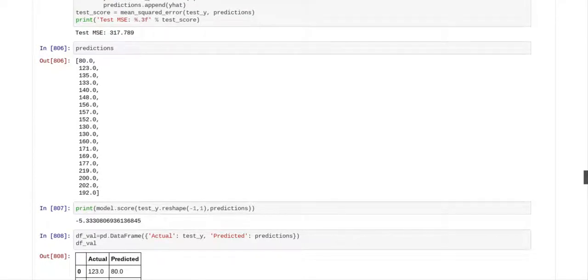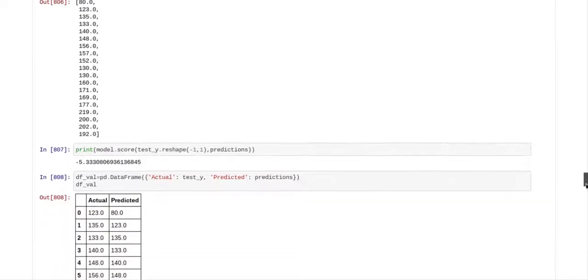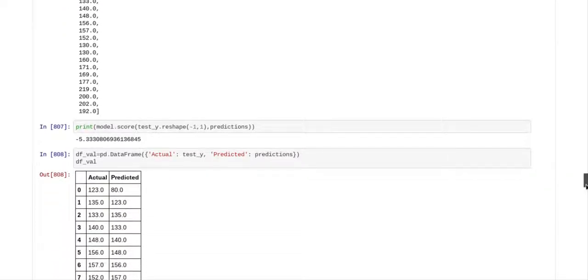And so these are the values that he came up with in his particular model. And so what we did, we printed this model, and it was the negative 5% accuracy, which I suppose was better than the accuracy that we had gotten from the linear regression.